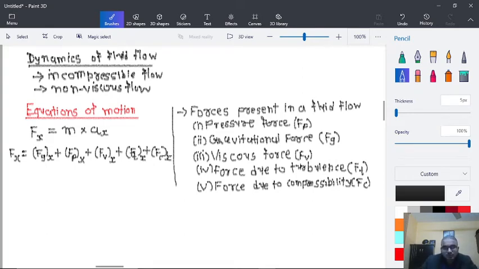Now first, neglecting force due to compressibility, that is Fc.